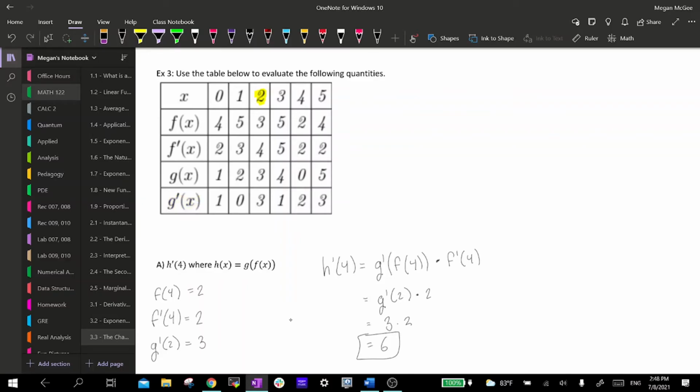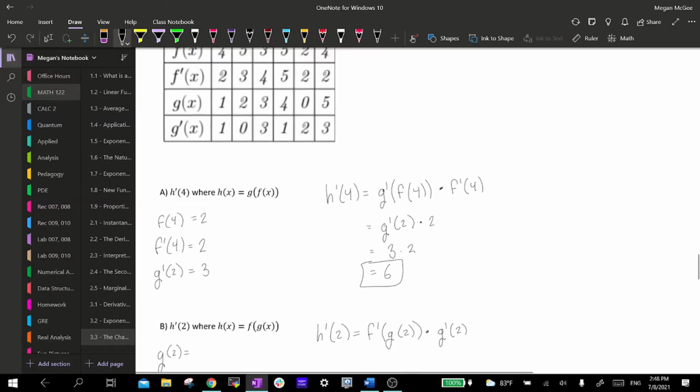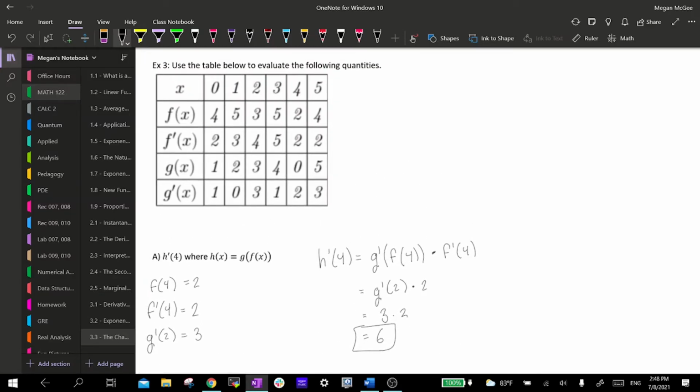We just have one more example using this table. For part B, we would like to find h prime of 2 when h of x is now f of g of x. So in this case, we have our chain rule telling us that this is f prime of g of 2 times g prime of 2. Okay? So g of 2, based on our table, is 3.